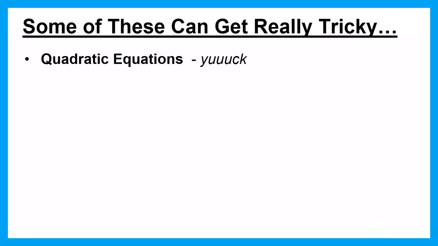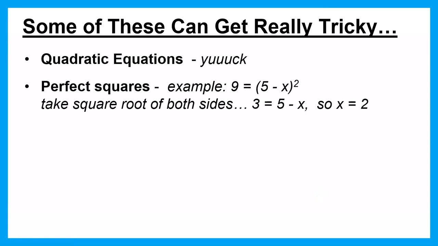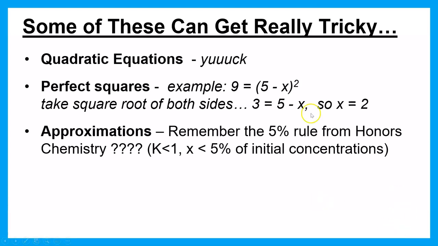You can have to do some awful quadratic equations, right? Yuck. You should remember what the quadratic equation is from math class. If not, look it up and add it to your notes. The nice thing is we don't often have to do these. A lot of times we will have some algebra tricks we can use, like perfect squares, where you can take the square root of both sides and solve in a much easier way. Or you can do the 5% rule.